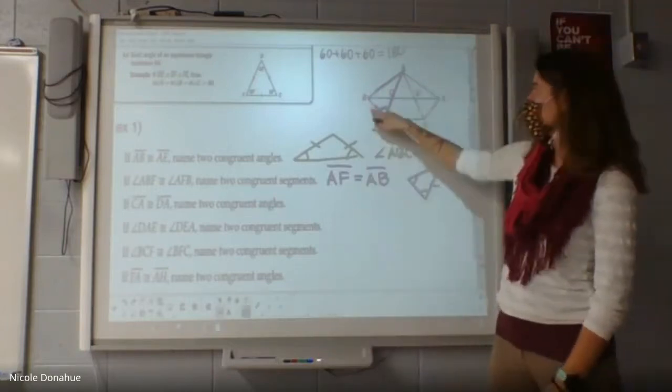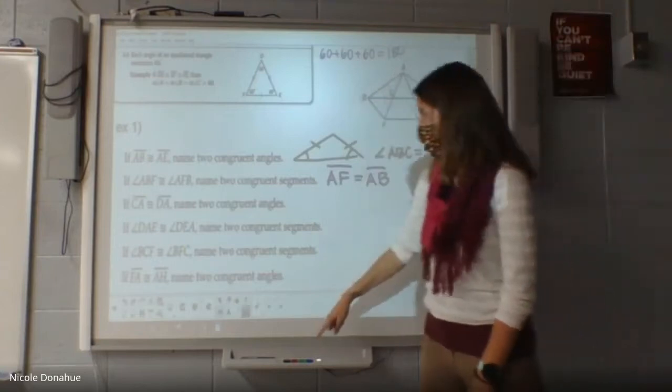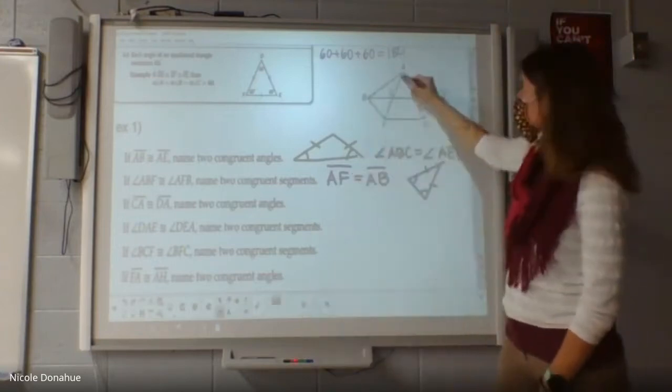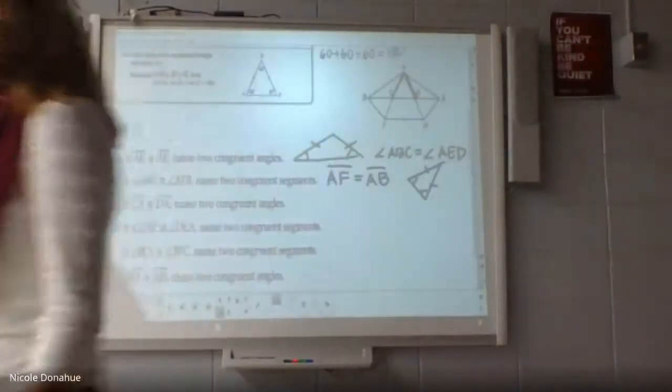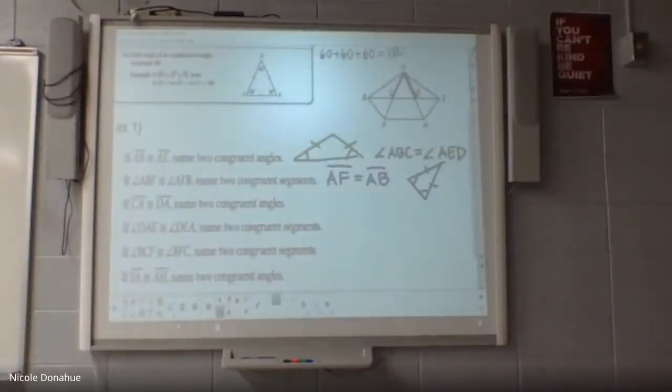All right, the next one is CA and DA. CA and DA. What do you think, guys? Ones have to be congruent.